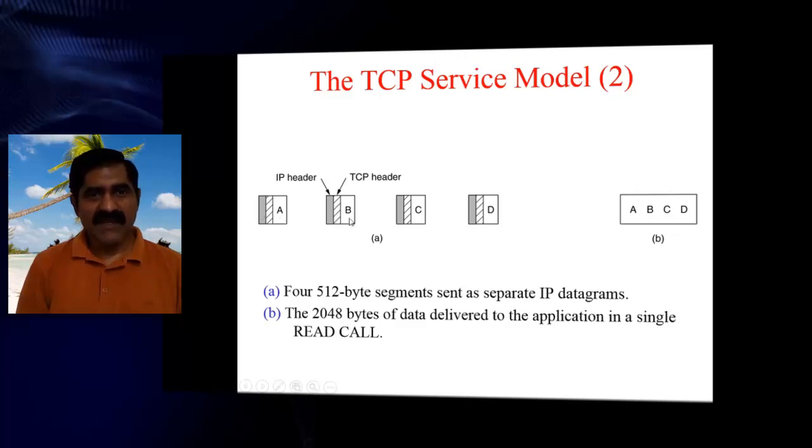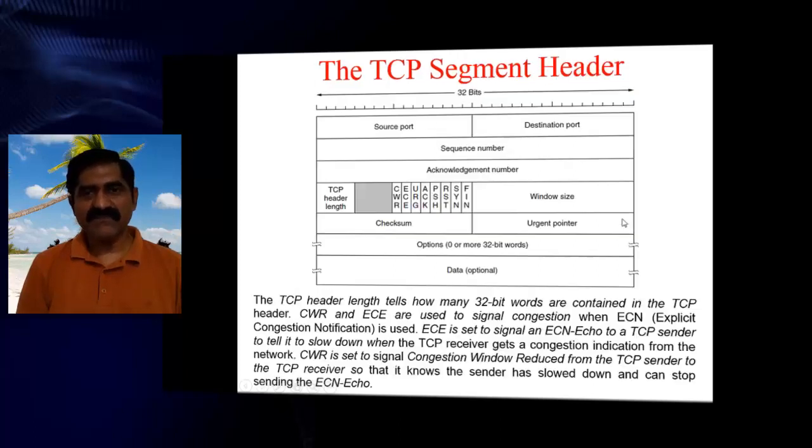Like this, the four segments A, B, C, D are transmitted from one place to another, and at the other end they are combined as A, B, C, D. We say 2048 bytes of data are delivered to the application in a single read call. So all four you can read at the other end. This is the way we can transmit segments from one place to another, and read them as a single call at the receiving end.